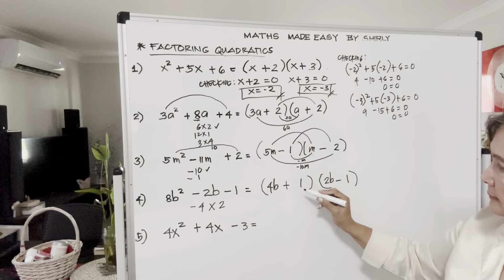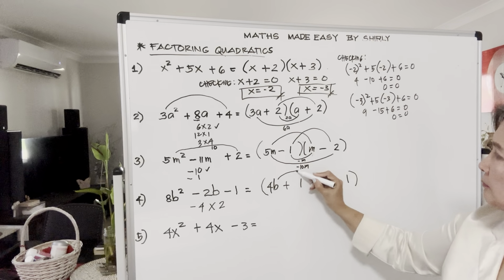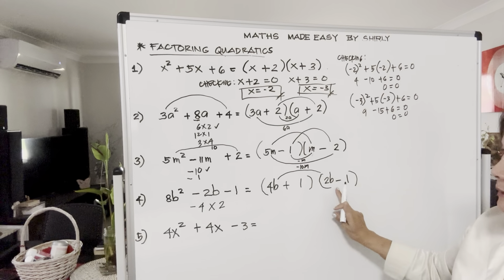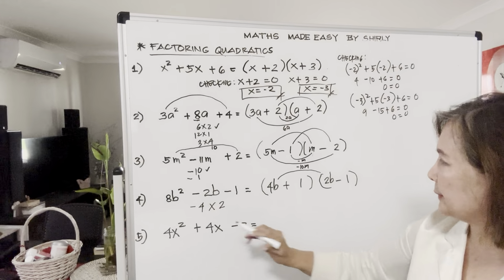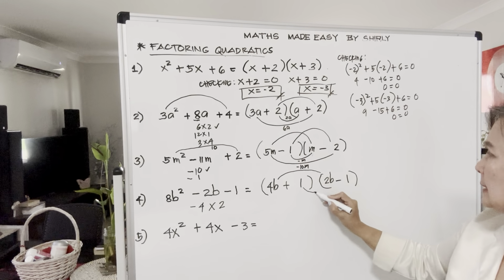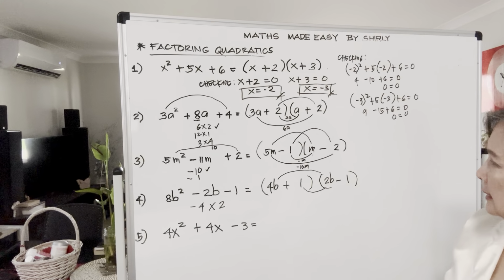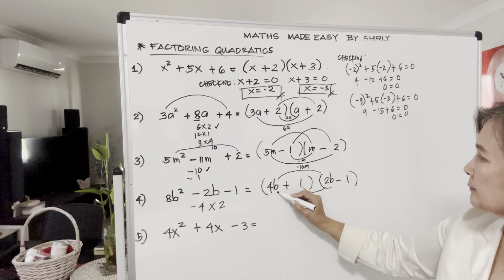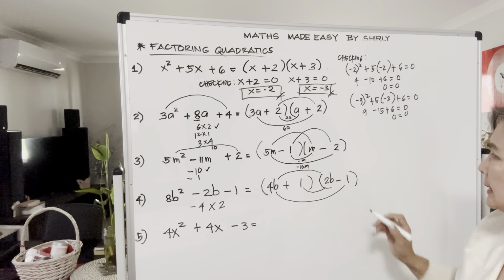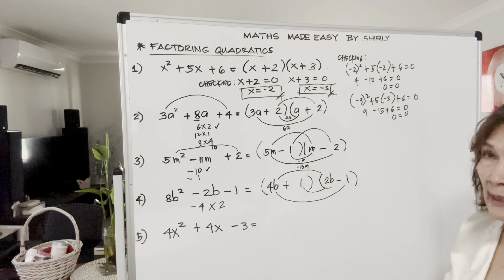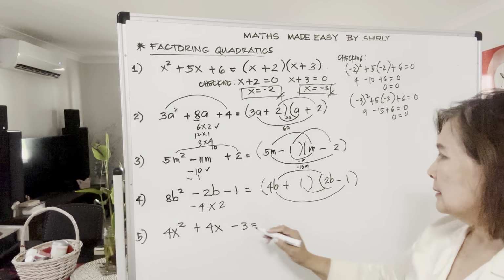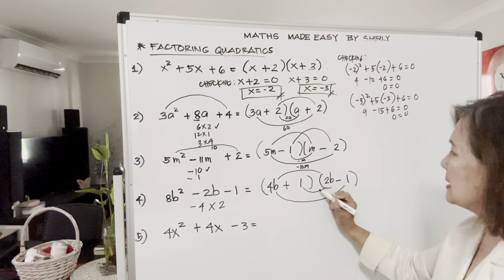Let us check again. 8b times 2b, that is 8b squared. 1 times 2b, that is 2b. 4b times negative 1 is negative 4b.